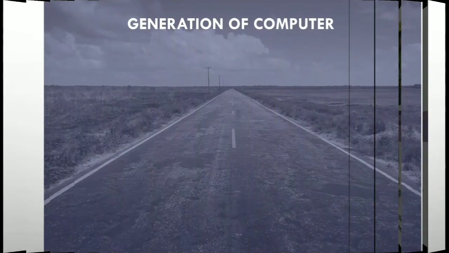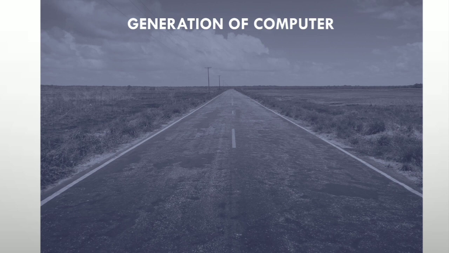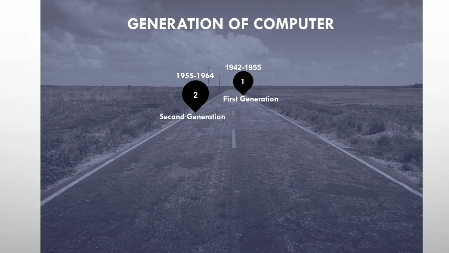Start with the journey of the generations of computers. The journey started in the year 1942, and up to 1955 it was termed first generation. Later they did some modification, and in the years 1955 to 1964 it was termed second generation computers.